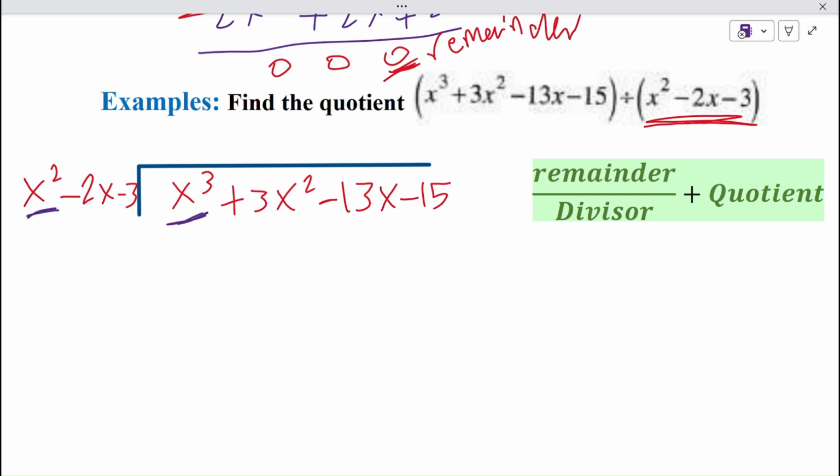X to power 3 divided by x to power 2, of course, is equal to x to power 1. Then multiply this x to power 1 by each term of this polynomial. X to power 1 times x to power 2 is equal to x to power 3, then minus 2x to power 2, then minus 3x.